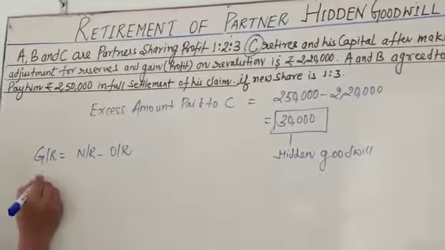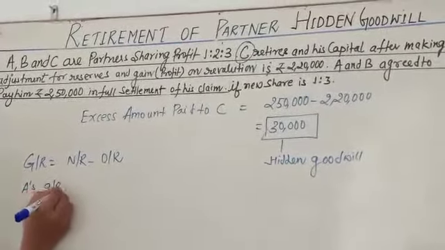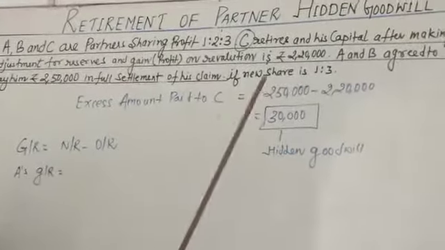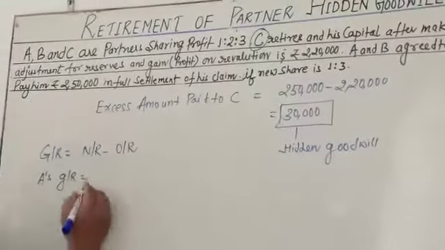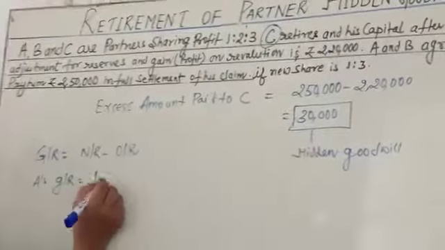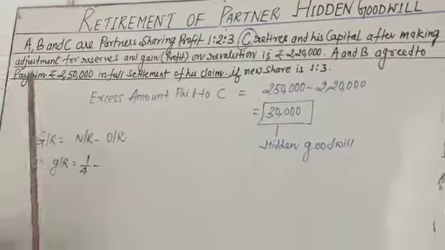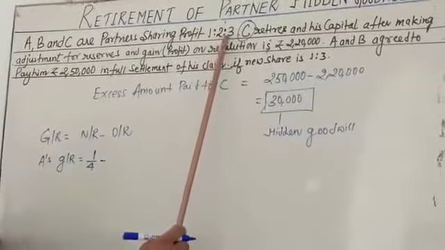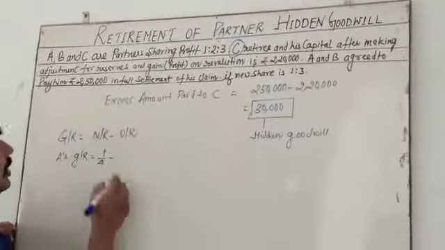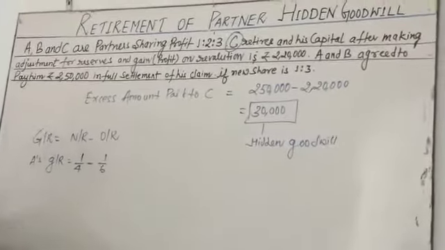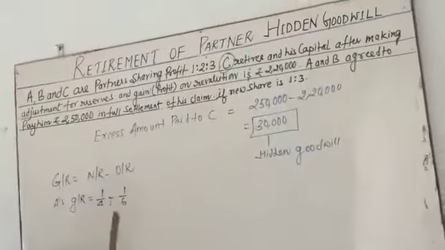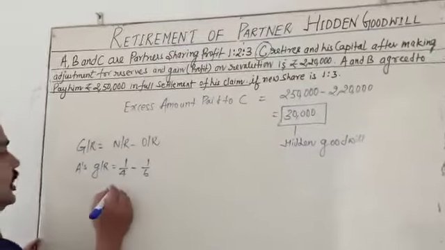So A's gaining ratio is equal to the new ratio of A, 1/4, minus the old ratio of A, which is 1/6, since 1 plus 2 plus 3 is 6.